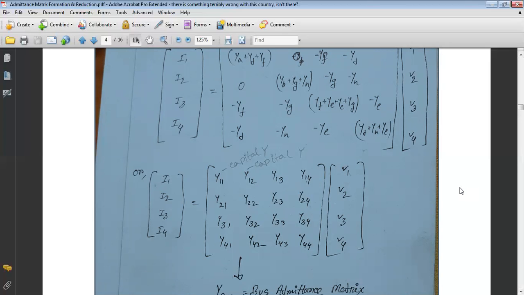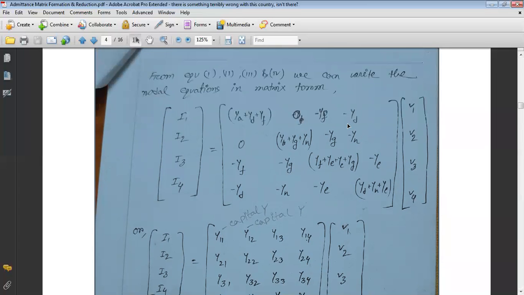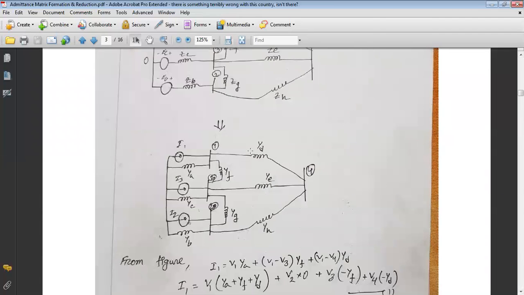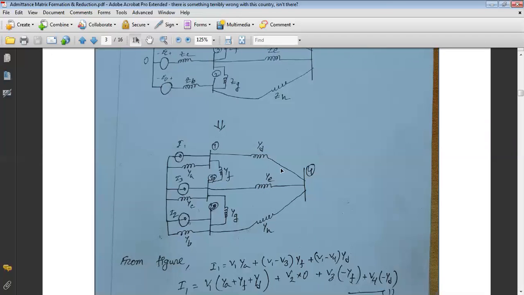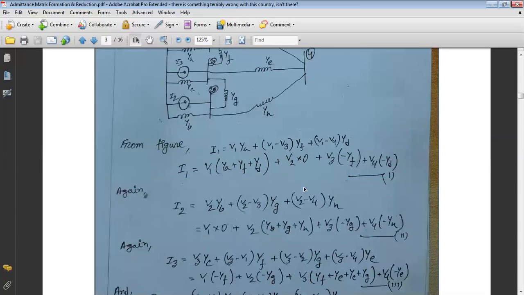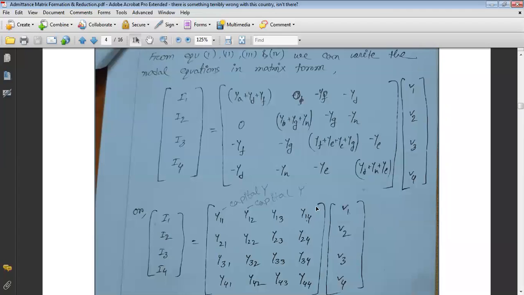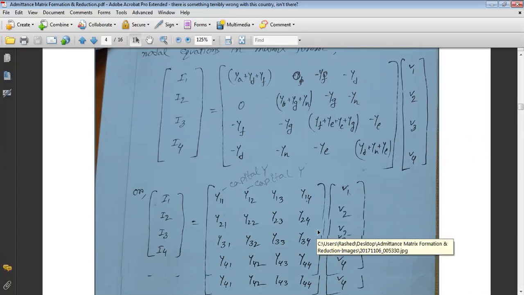If we consider the diagram, the value of Y14 is minus YD, where YD is the admittance connected from bus 1 to bus 4. So Y14 means mutual admittance, or connected admittance, from bus 1 to bus 4.